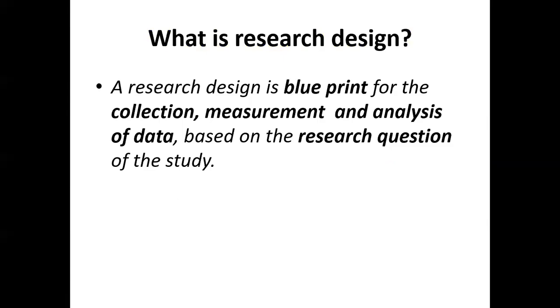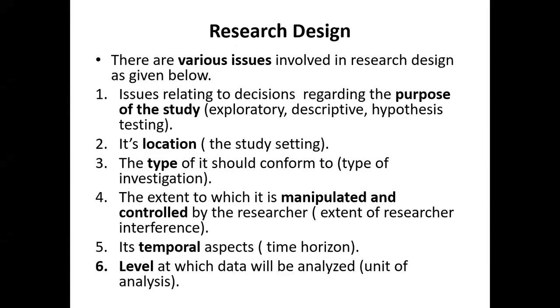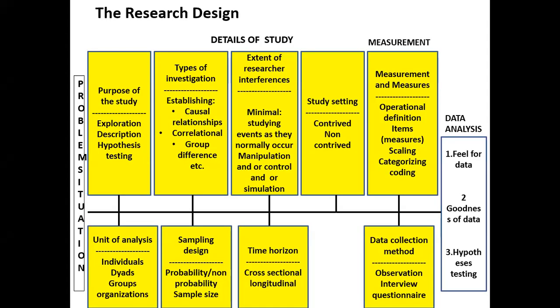So in the research design, we have to answer these: the purpose of the study, the location of the study, the type of study, whether it is manipulated or controlled by the researcher, the time horizons, and the unit of analysis. So this covers your research design, right?